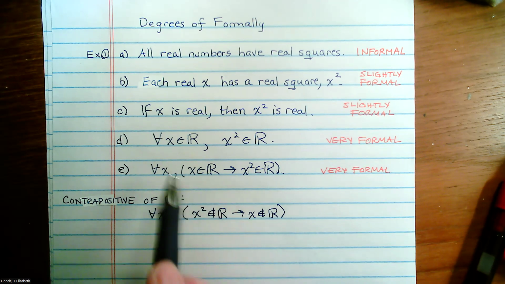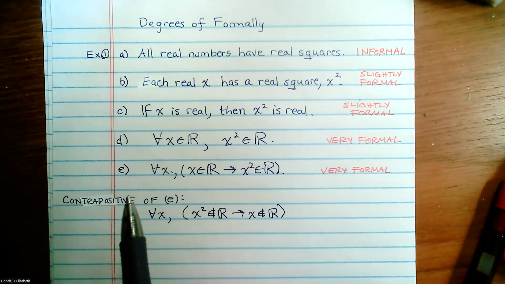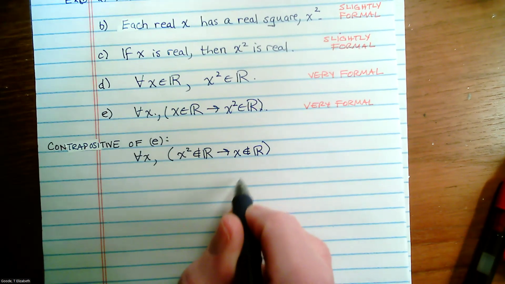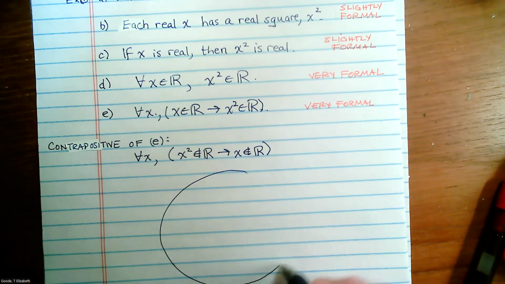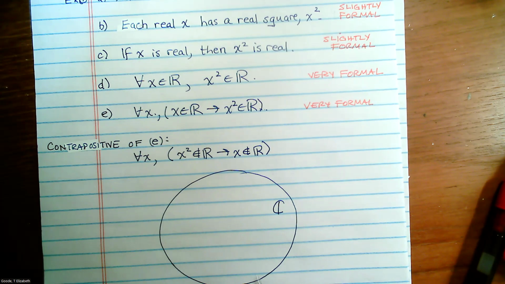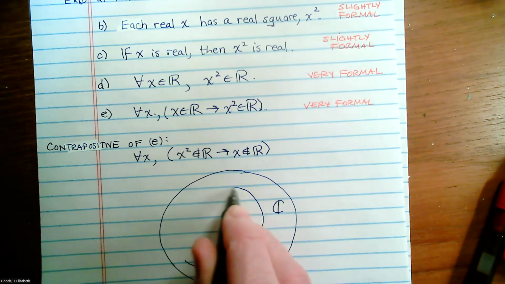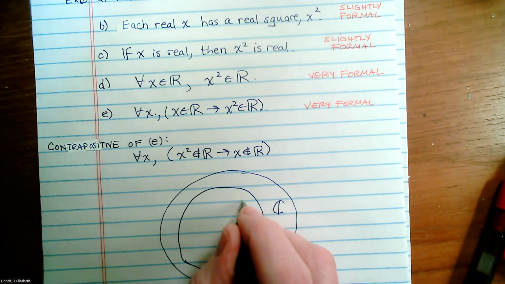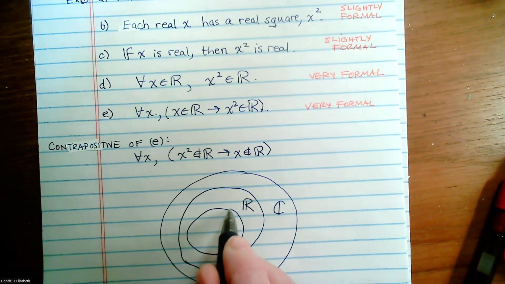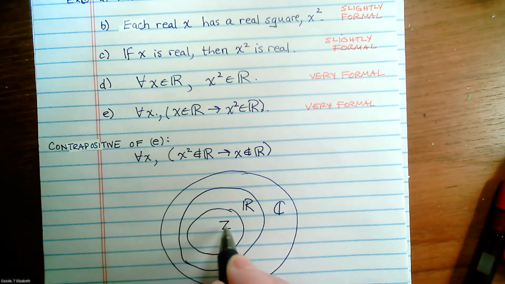Now I have suppressed giving a domain here because we're not going to talk about the complex numbers, but the complex numbers subsume the reals. In fact, the complex numbers is the biggest set of all, and inside that set live the reals. And inside the reals live the integers.